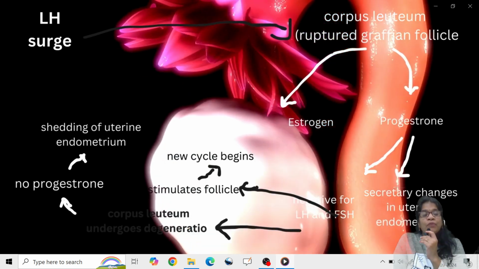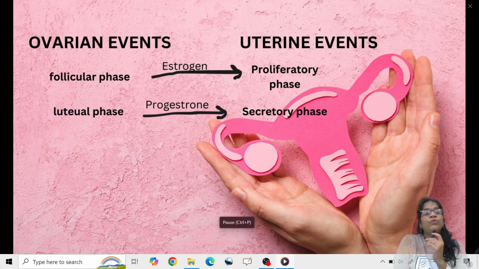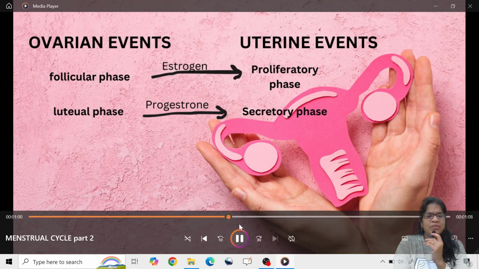Okay, and one more interesting point I want to talk about: there are ladies who experience ovulation pain. This is a small event for your understanding. I told you during the follicular phase you have a higher amount of estrogen leading to the proliferative phase. This estrogen released from the follicles helps the proliferative phase in the uterus.